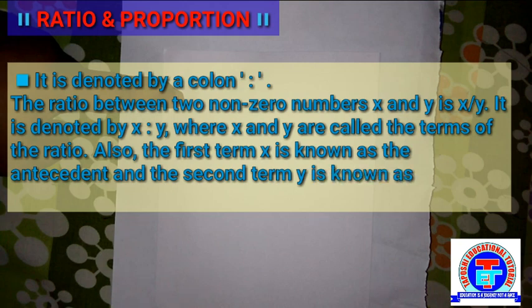Here x and y are called the terms of the ratio. x is the first term and y is the second term. The first term x is known as the antecedent and the second term y is known as the consequent.